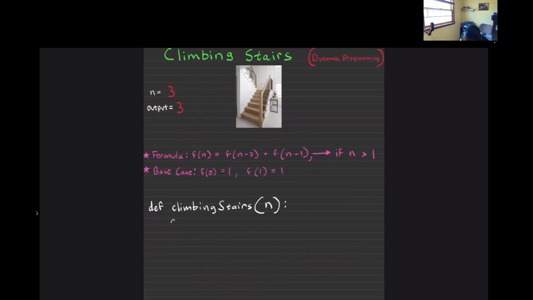So we say dp is equal to 0 times n plus 1. It's very important we do the times n plus 1 here. The reason why we do n plus 1 is because we need to be inclusive, because the nth step, we have to count that.